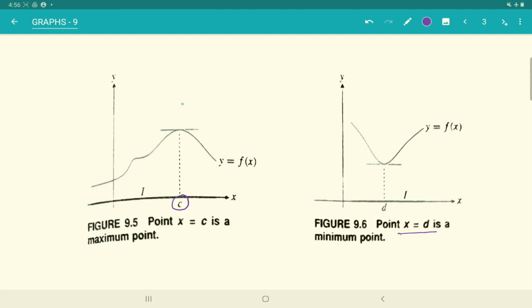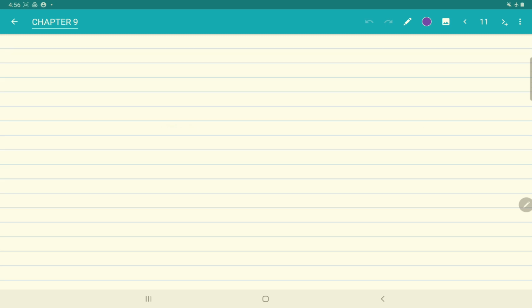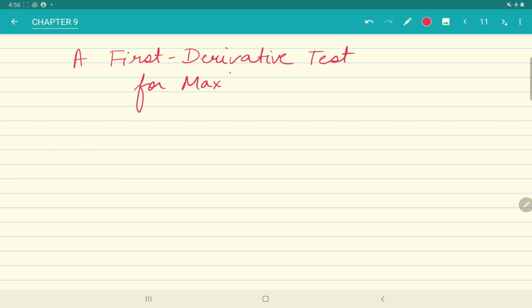In other words, I can summarize actually everything by this. So this is the first derivative test for maximum or minimum.